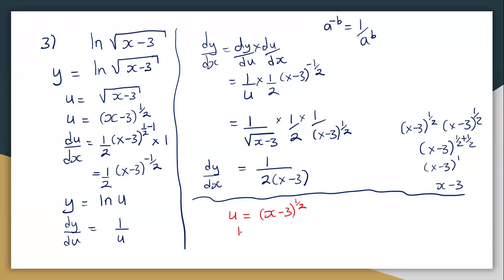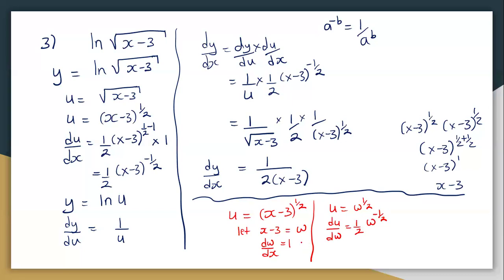Let x minus 3 equal w. So I get my dw/dx, which will equal 1. Therefore, our u is equal to w power a half. So I differentiate: du/dw will equal a half w power negative a half.